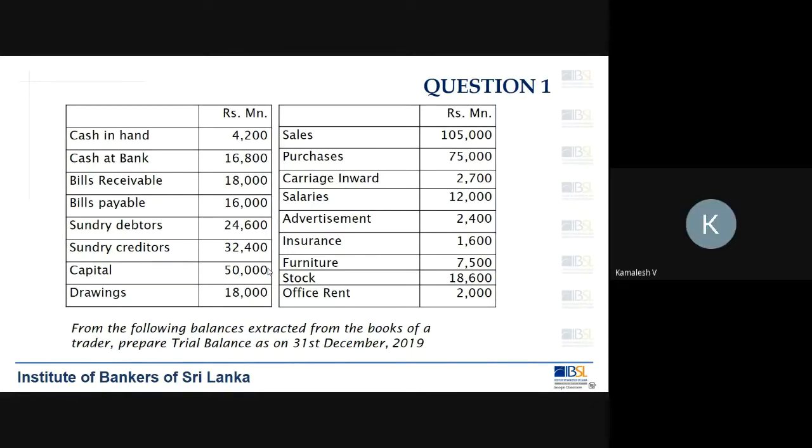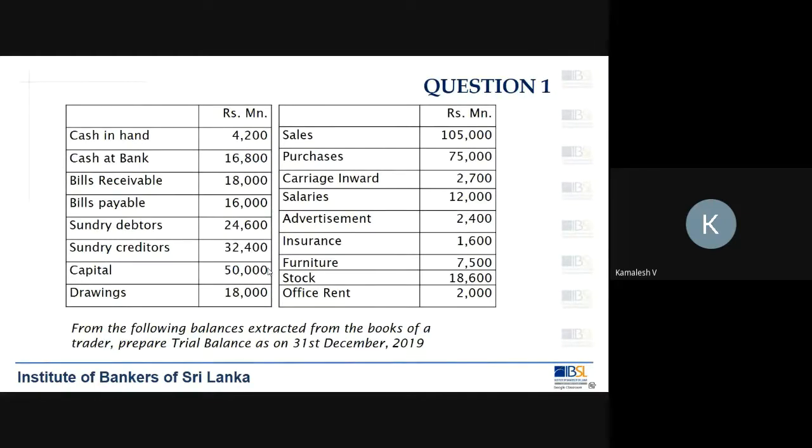Furniture. Asset. Now here the furniture, when you say furniture, it is their fixed assets, right? So that is an asset. Stocks. Assets. Office rent. Expense. So now you have gone through all the accounts with the respective class of the account, whether it is asset, liability, income, expense, or capital.